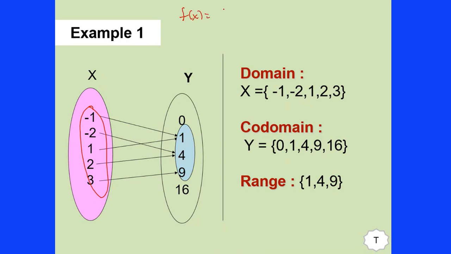x minus 1, so there will be x not equal to 1. Why?